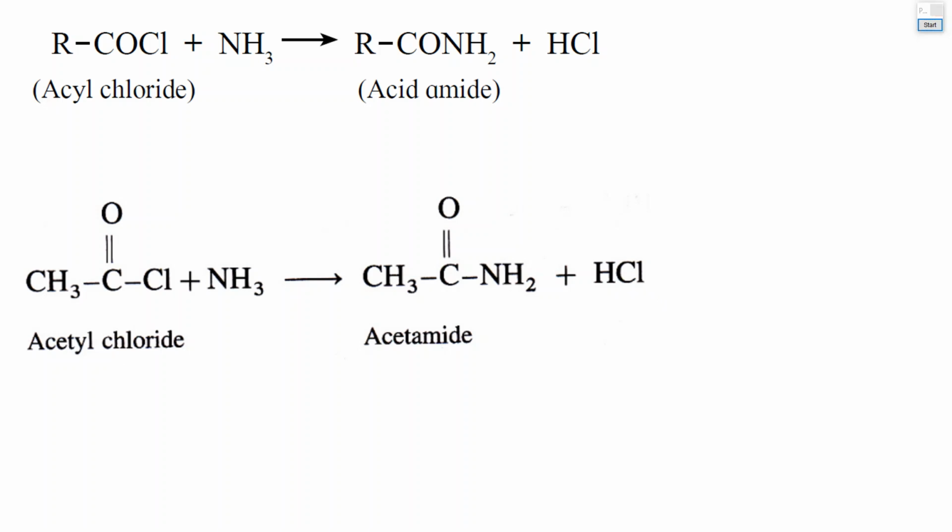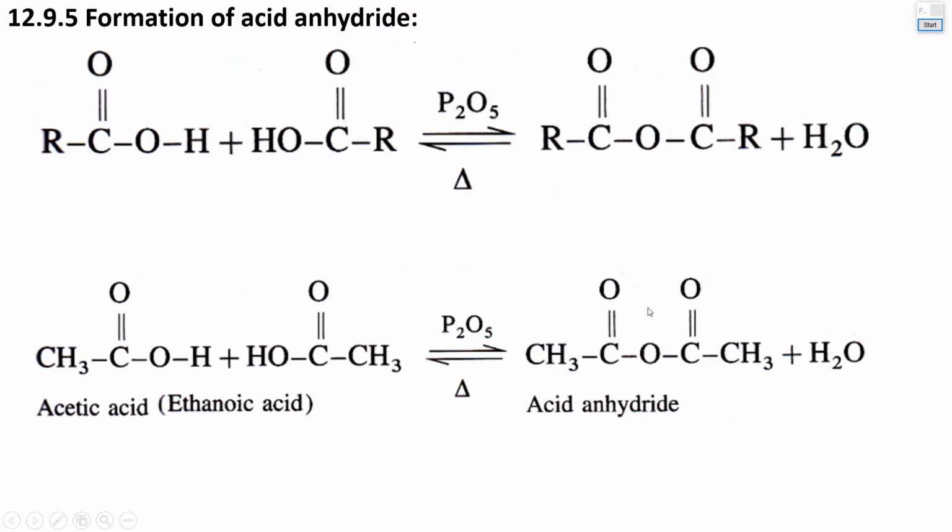Then the next part, that is the formation of acid anhydride. Very simple reaction. In the formation of acid anhydride, two molecules of a carboxylic acid, on heating in the presence of phosphorus pentoxide, P2O5, which is a dehydrating agent, remember, will form acid anhydride and water.